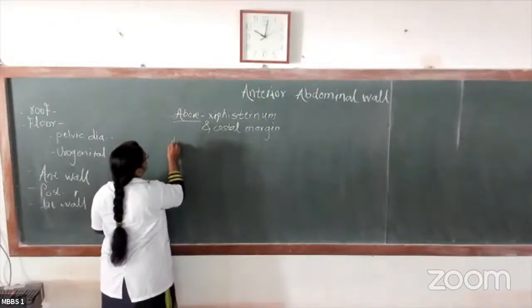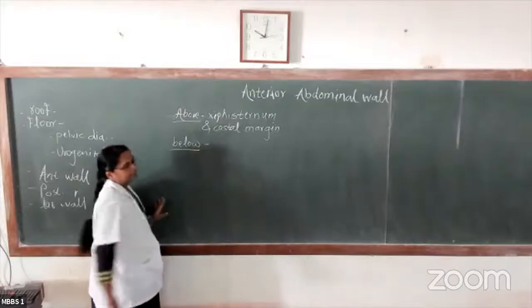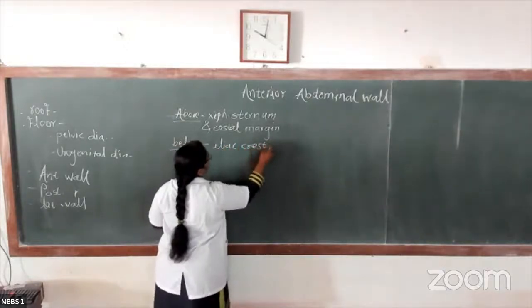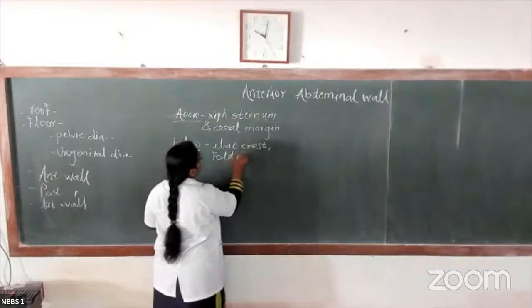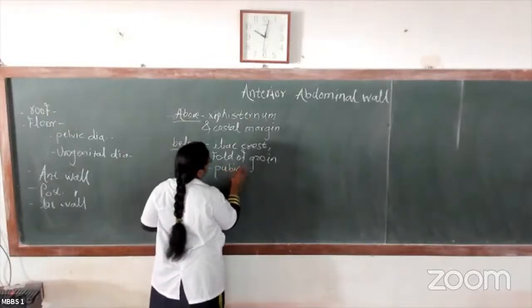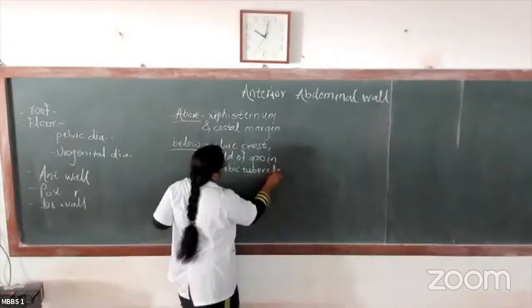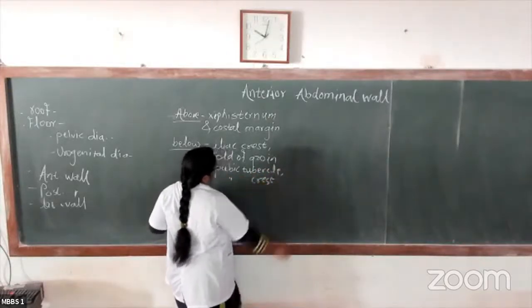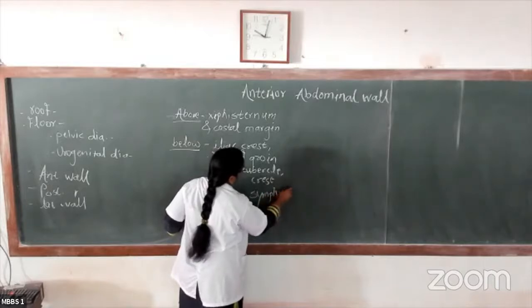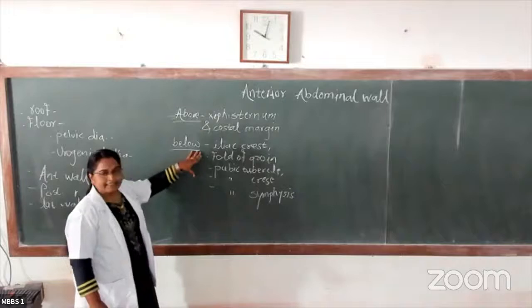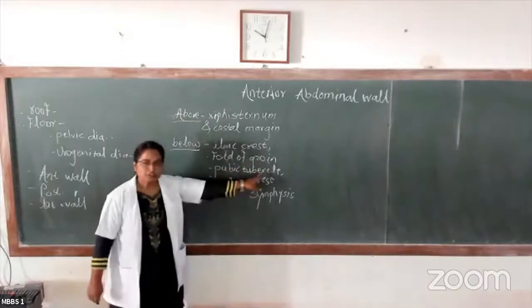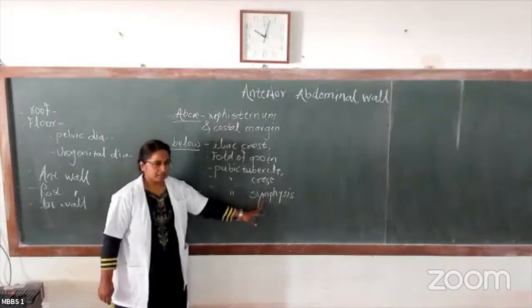Below, it is limited by the anterior part of the iliac crest, fold of groin, then pubic tubercle, pubic crest and pubic symphysis.